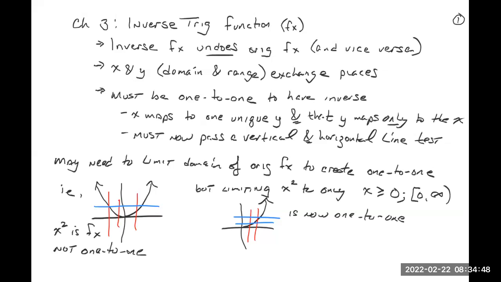What that means, now not only does x have a limitation, it can only marry up to a single unique y, but y now can only link to that x. So it used to be that x could only have one y, but y could play the field.